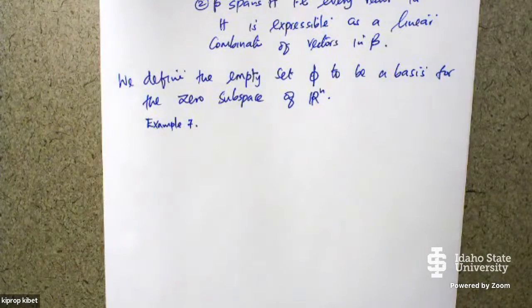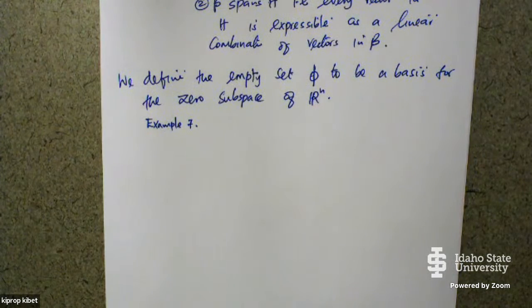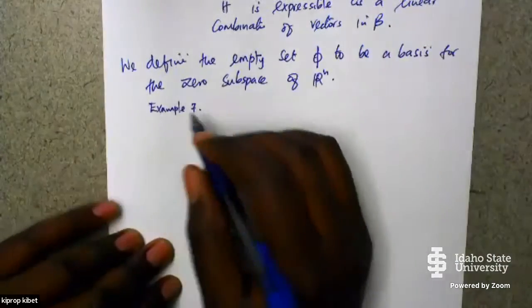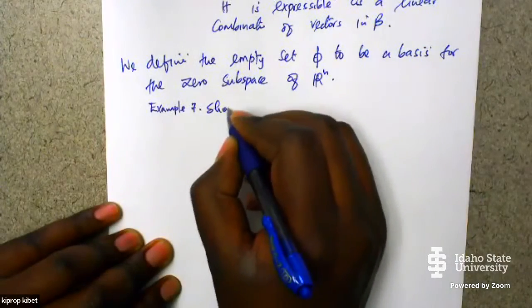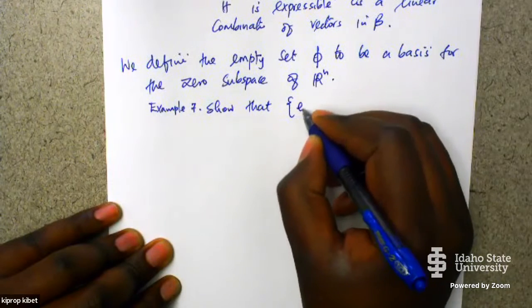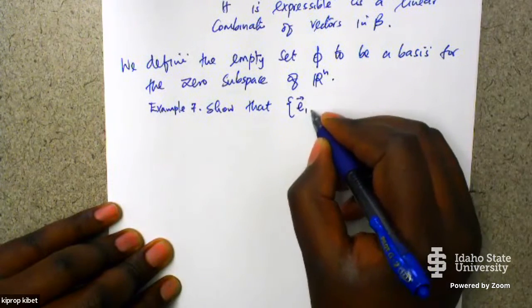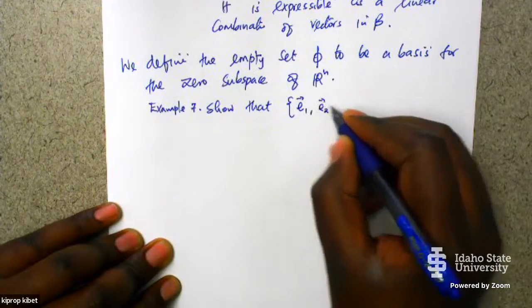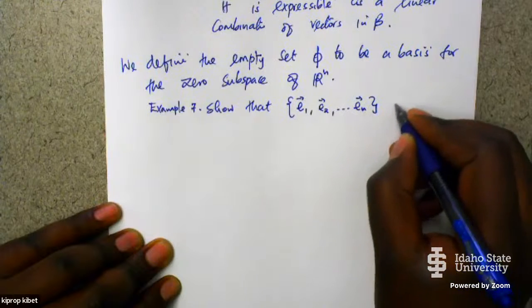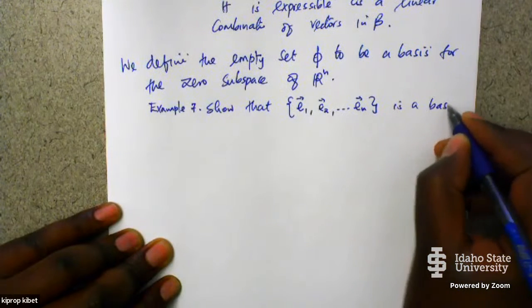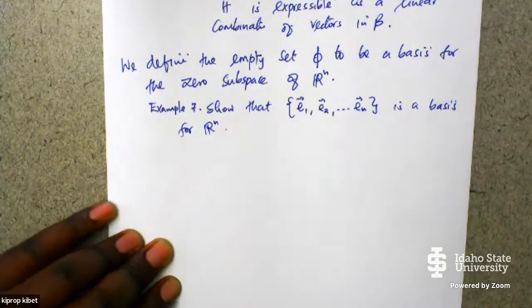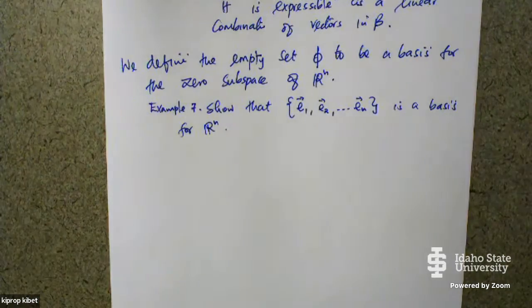Okay, example number 7. So how can we define that basis? Let's look at this example. Show that the standard vectors E1, E2, all the way to En, is a basis for Rn.